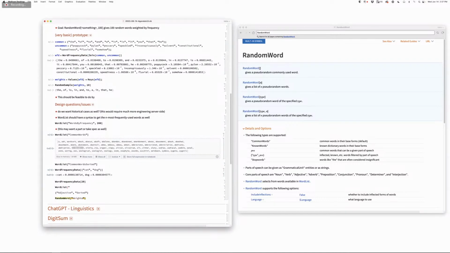Okay. I don't see any objection to that, do you? No, I wanted to make sure that if we're talking about weighted words in two different functions, we're using common terms, but the weighting matters in random word. It doesn't really matter in word list. The order matters. Yeah, it's really sorted.